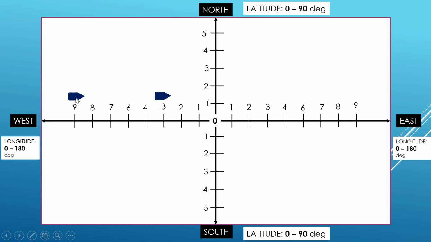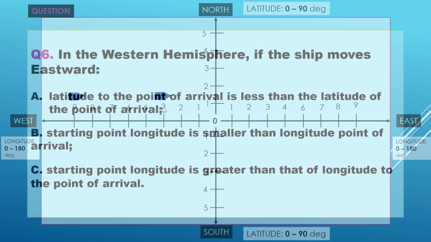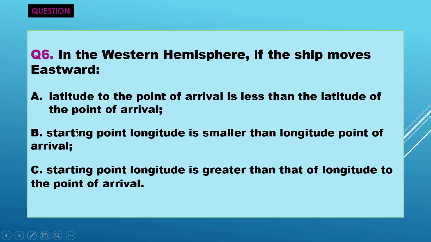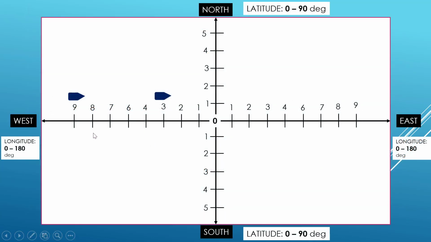The ship is in the Western Hemisphere. It is heading to the east. The longitude here is greater than the longitude here. So as you go to the east, the longitude decreases. So from our question, B said starting point longitude is smaller than longitude point of arrival, which is false.